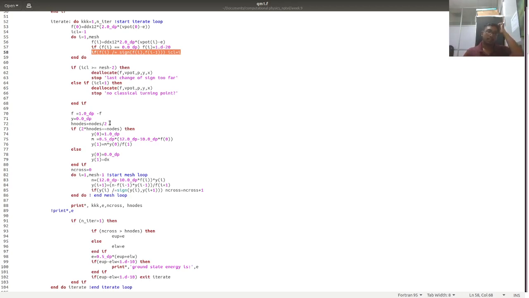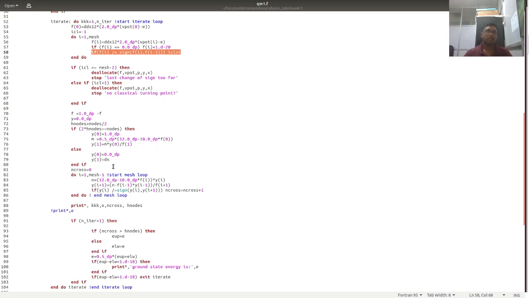Okay, so if twice h nodes is equal to nodes, then y naught will have a value 1, and m is some calculation which can be found from the lecture.